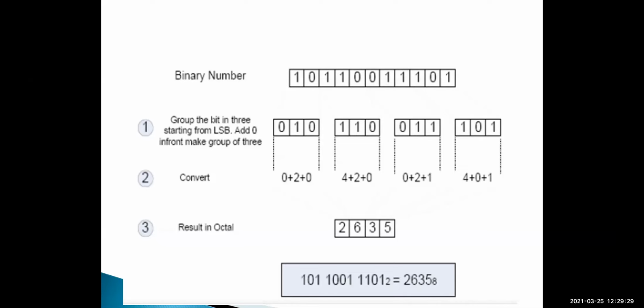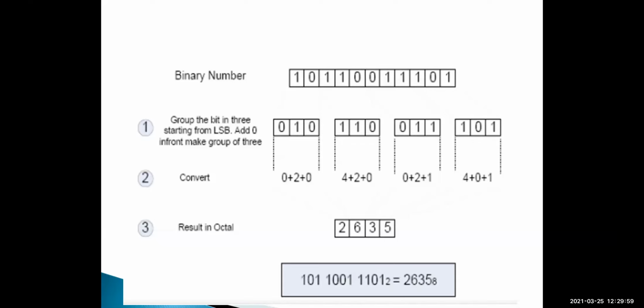Present, sir. 116. 116 present. 117. Present, sir. 118. 118 present, sir. 119. Present, sir. 120. 124.